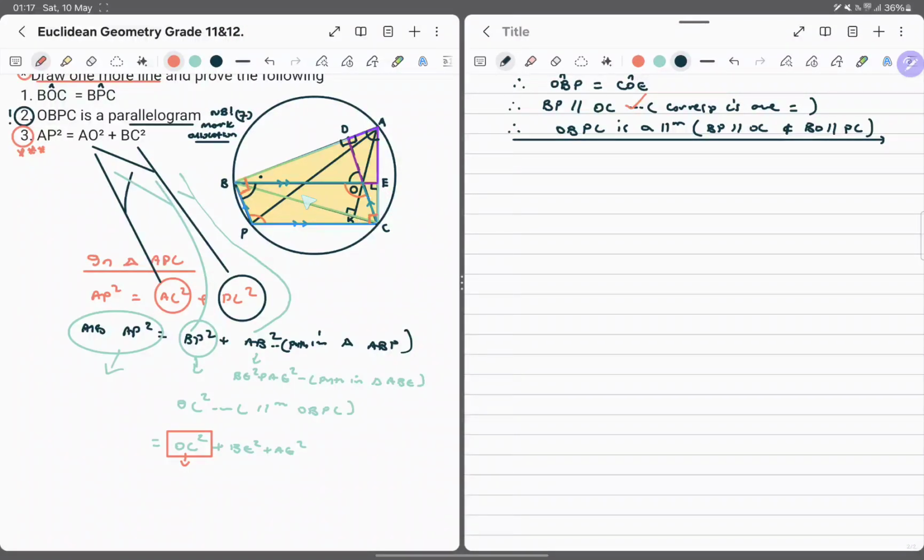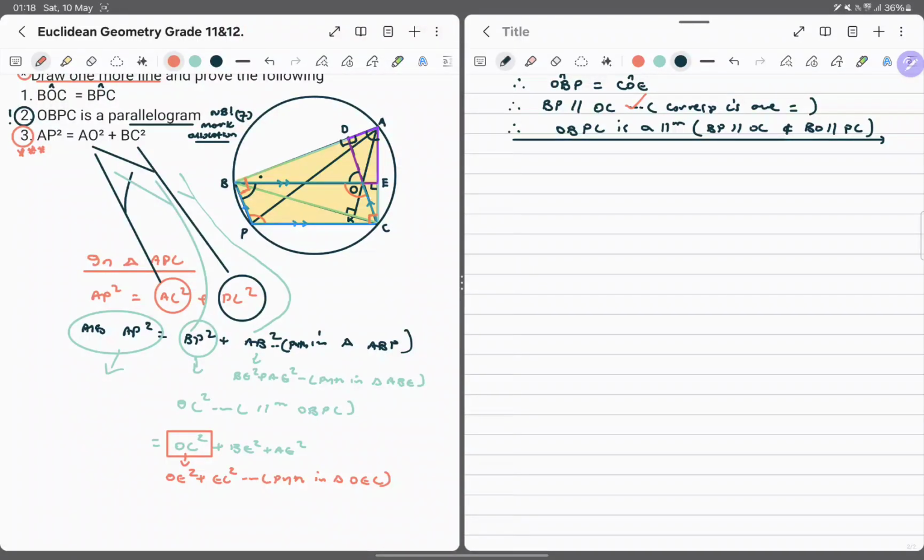We saw that EC is part of this BC squared, which is what we want as part of the solution. So OC squared is going to be OE squared plus EC squared. Again, this is the Pythagoras in triangle OEC.